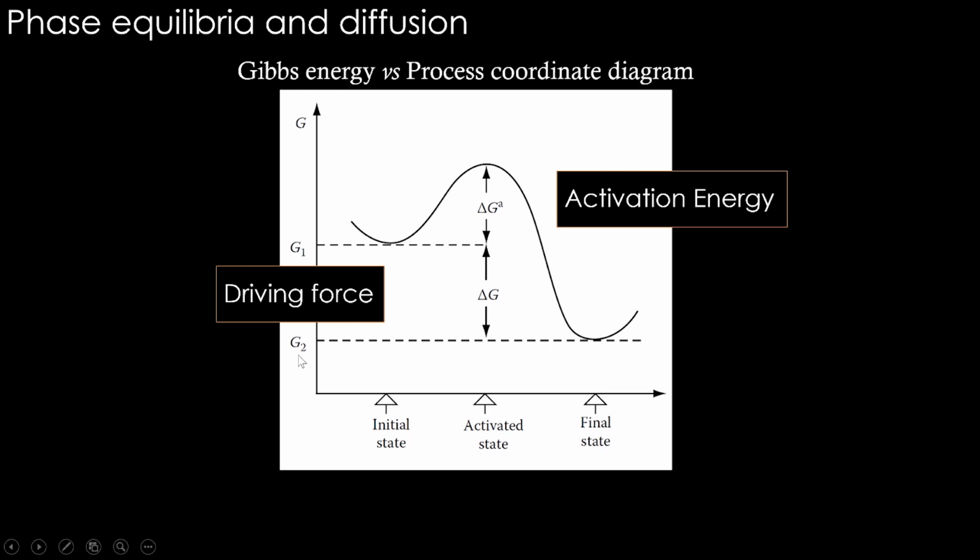It will move between these states through diffusion. Diffusion is the process, and the mechanism of this process itself has an activation barrier. That activation barrier is what manifests as the entire process activation barrier. Okay, and that's what we are putting here, driving force and activation energy. This picture is quite important to understand the kinetics.